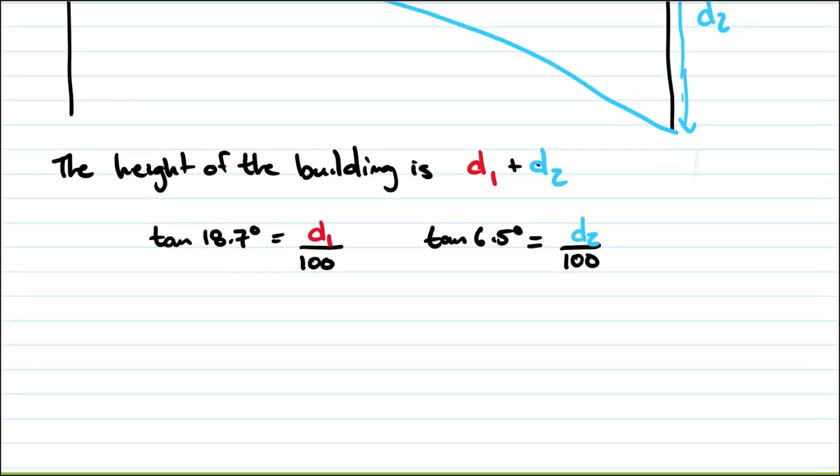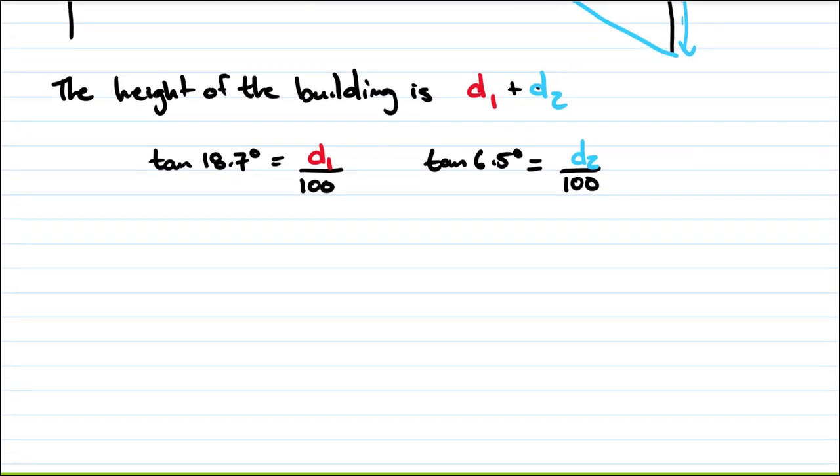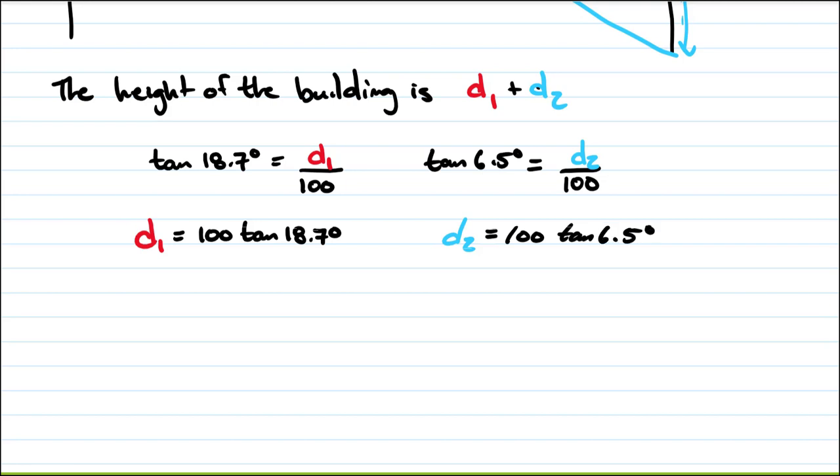So solving for D1 and D2, we get D1 is equal to 100 times the tangent of 18.7 degrees. And we have D2 is equal to 100 times the tangent of 6.5 degrees.